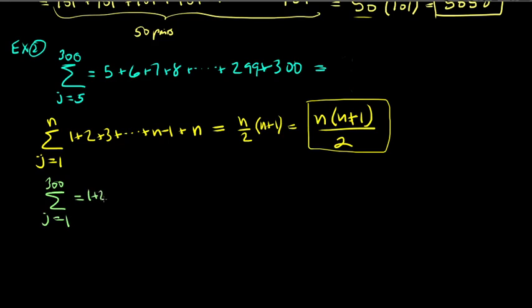So that's going to be 1 plus 2 plus 3 plus 4, plus 5 plus 6 plus 7 and so on up until you get to 300. Right? And now we have a formula for that, right? This is going to be n, which is 300, times n plus 1, which is 301, all divided by 2. Okay, and of course I need a calculator for that. So give me 1 second here. This is going to be 150 times 301. So it's going to be 45,000.